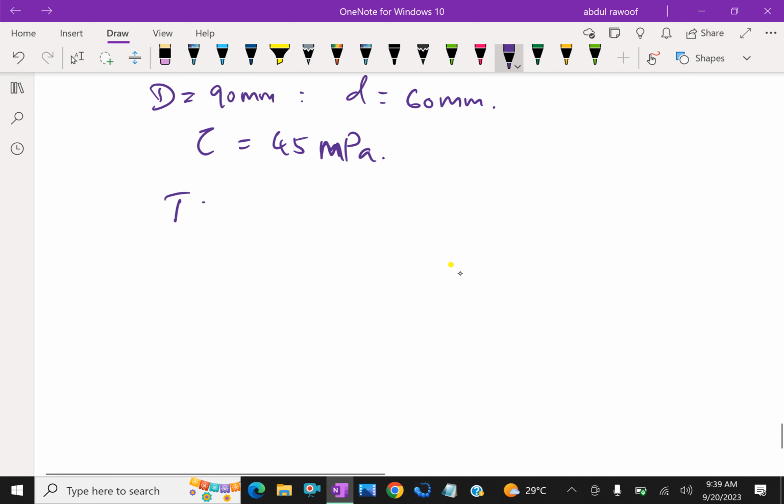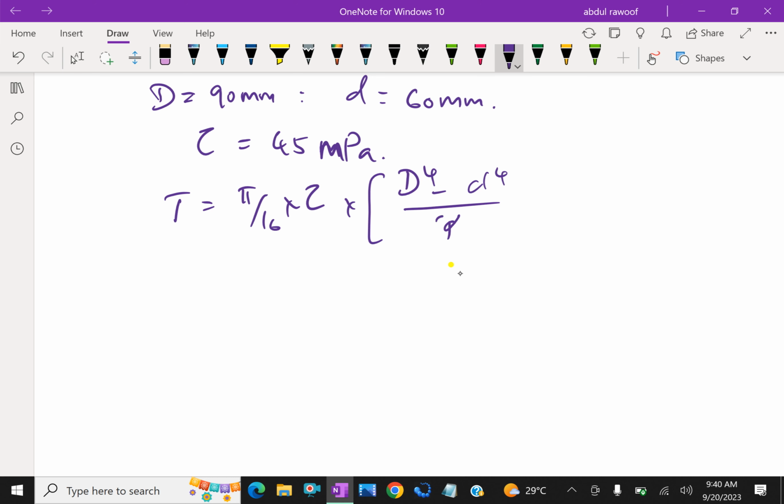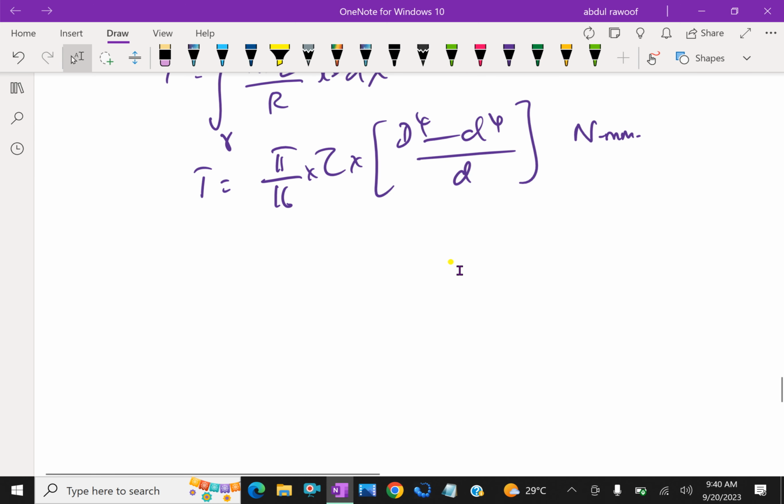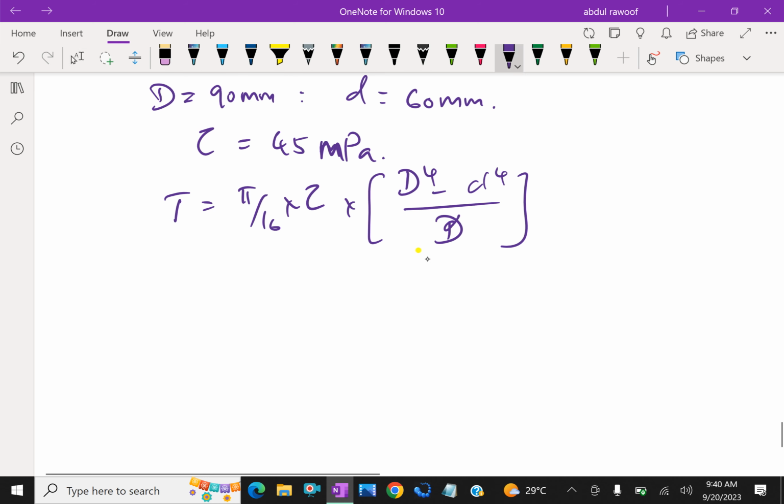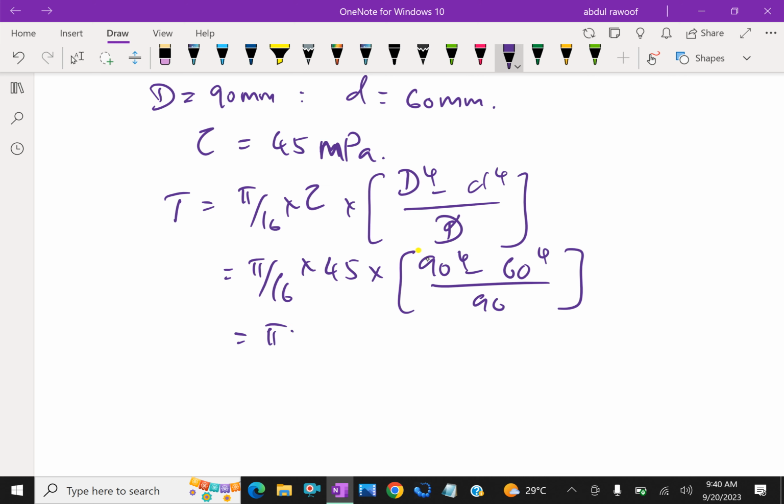T equals, for a hollow shaft, pi by 16 into tau into D power 4 minus d power 4 over D, where D is capital D. Now we apply the values: pi by 16 into tau is 45 MPa, into 90 power 4 minus 60 power 4 over 90.